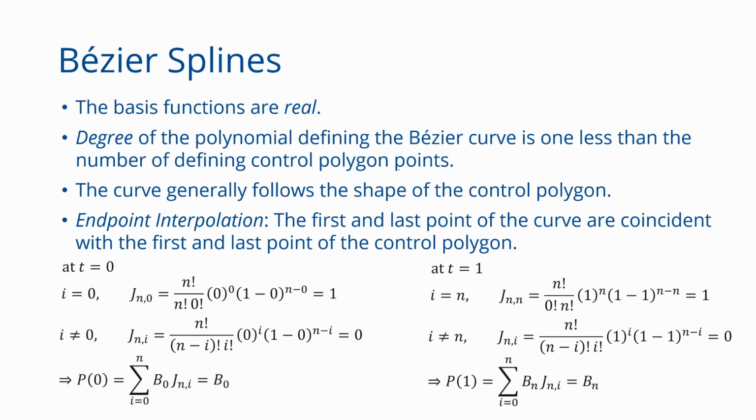We had deduced this by looking at the shapes of the blending functions, but you can prove this by substituting t equal to 0 and t equal to 1 in the equation of the curve and see that P0 comes out to be B0 and P1 comes out to be Bn. So I want you to go through this derivation and verify it for yourself. This property is known as endpoint interpolation.